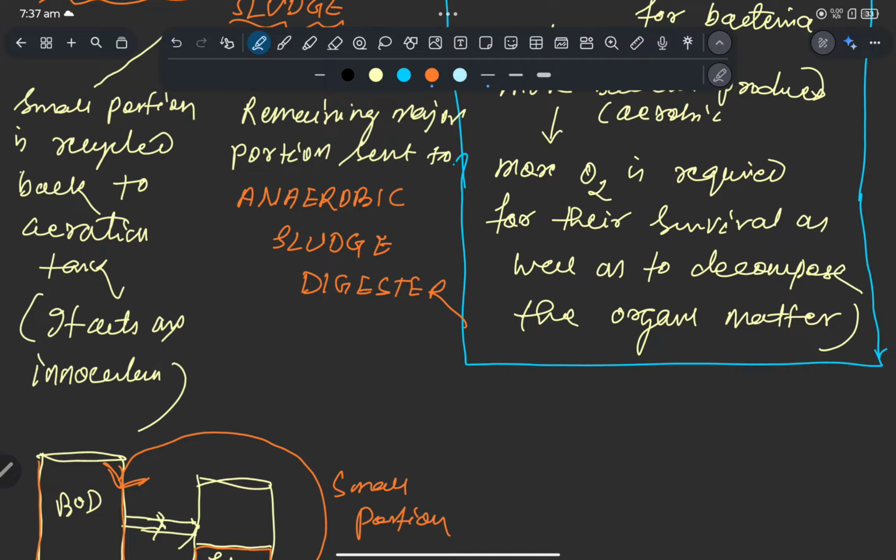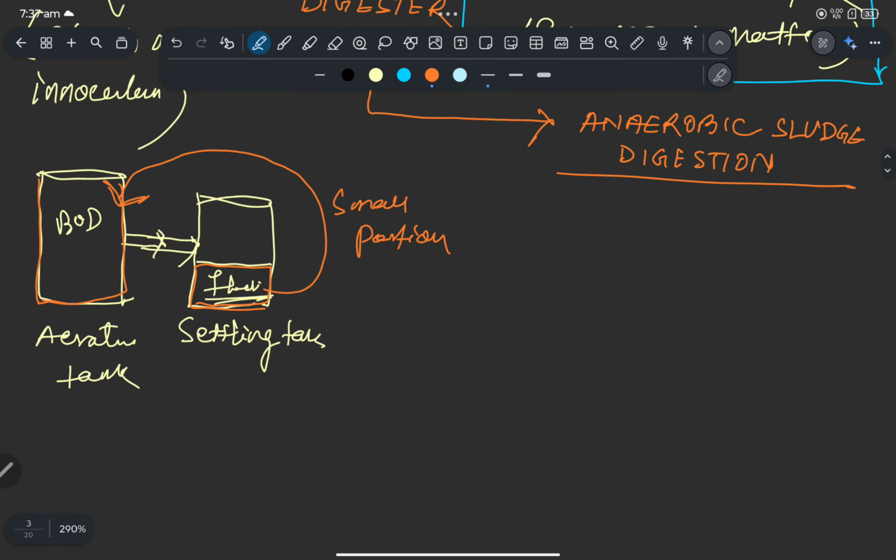Now come to the anaerobic sludge digestion. So इसको थोड़ा सा मैं यहाँ ले आती हूँ. Anaerobic sludge digestion. Okay, now what happens during this process?